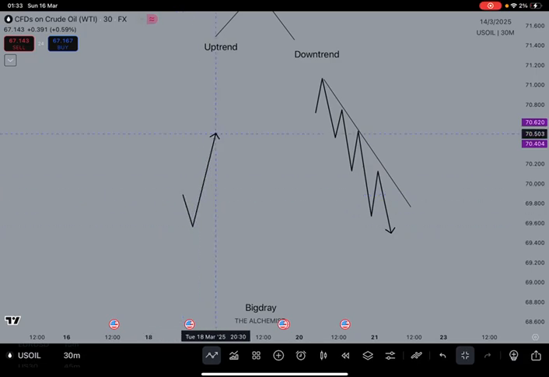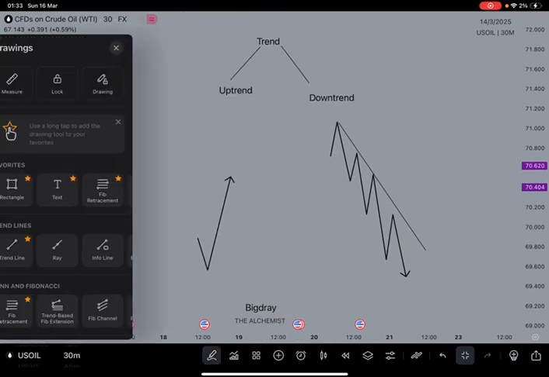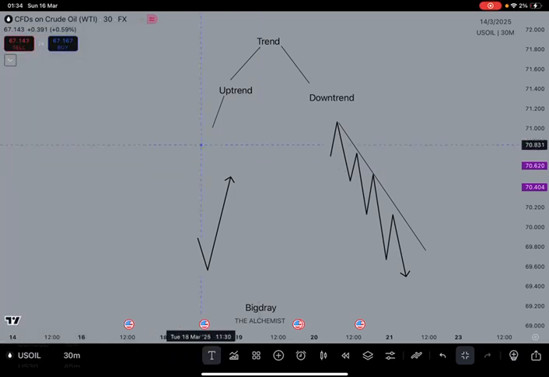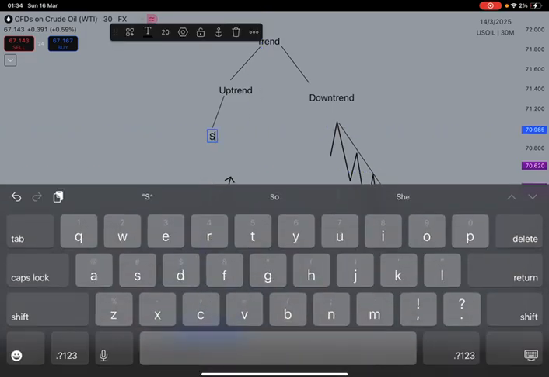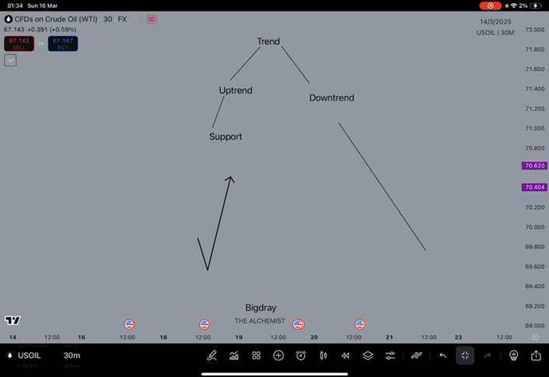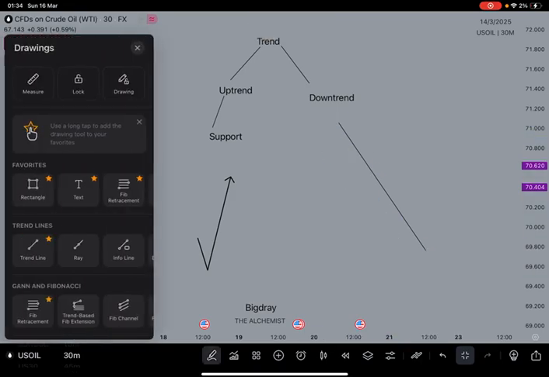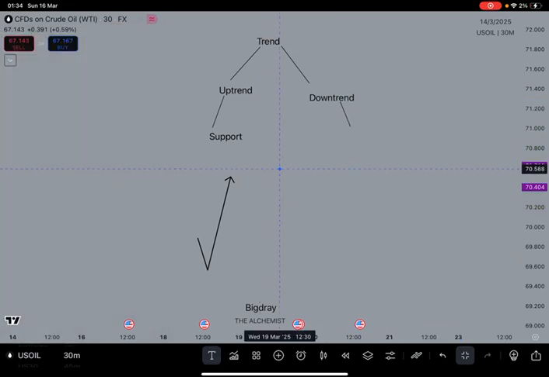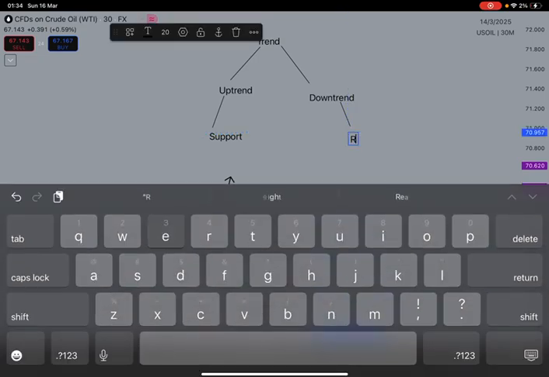Support is a V shape, support. Resistance.